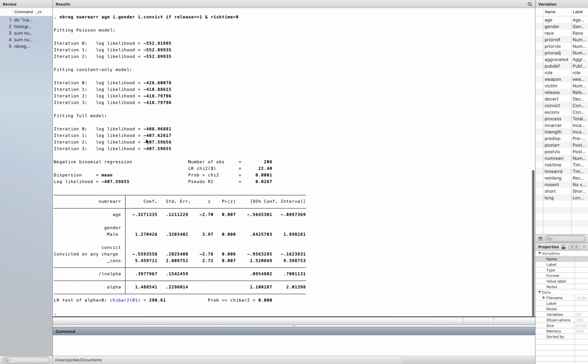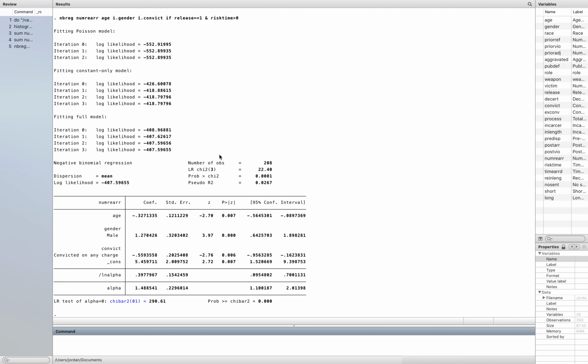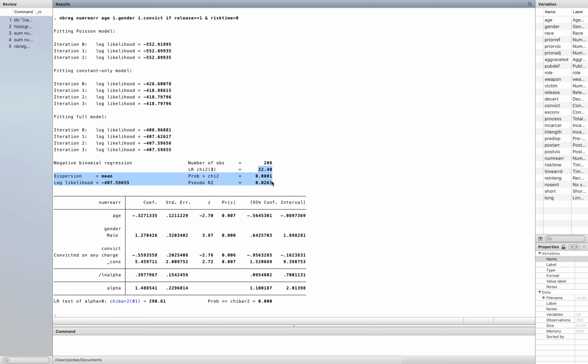A lot of this output should look familiar to you. Number of observations, 208. The likelihood ratio chi-square and the probability chi-square go hand in hand. Remember, the likelihood ratio chi-square is testing whether or not all of the predictors are equal to 0 in the model.